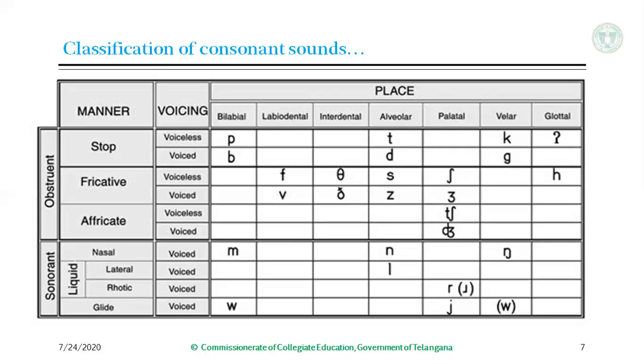And the next one is palatal. Palatal sounds are produced by raising the tongue against the hard palate. Hard palate is a part of our mouth. Here we find the hard palate at the roof of the mouth. While producing palatal sounds, the tongue touches the hard palate.